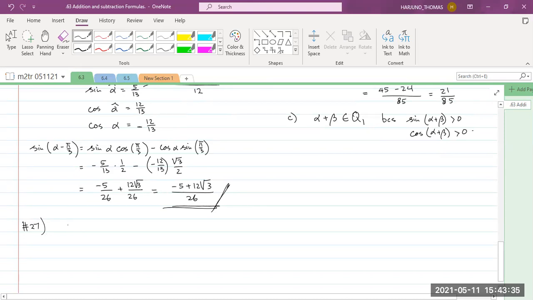So cosine alpha is negative 2/5. Cosine beta is negative 3/5. Both of them are in quadrant 3.